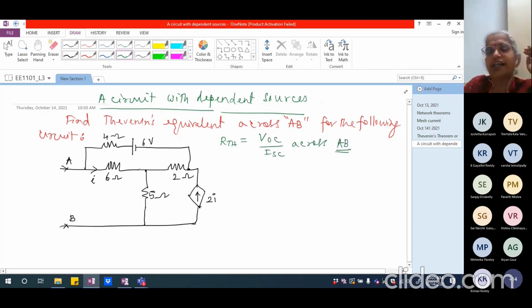You should never do it directly by calculating like what we did in the last slide. Okay, so this is the circuit and this is a dependent current source.